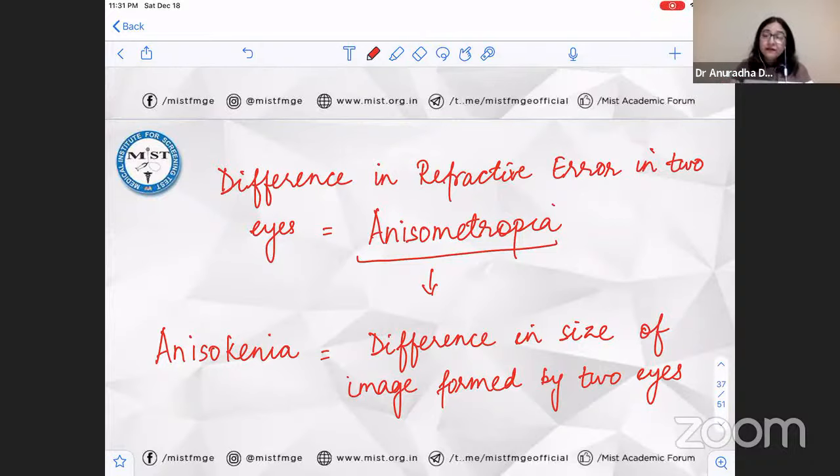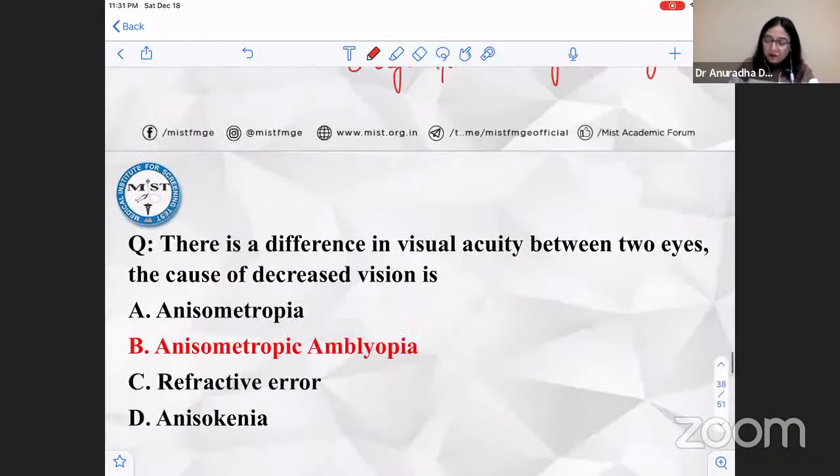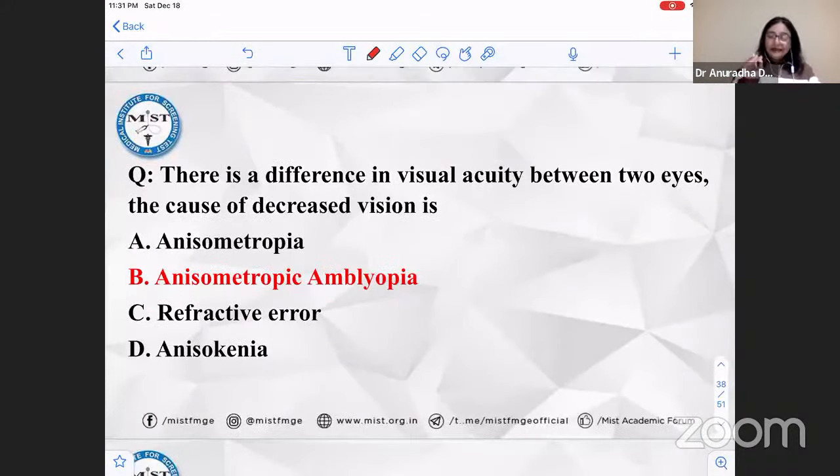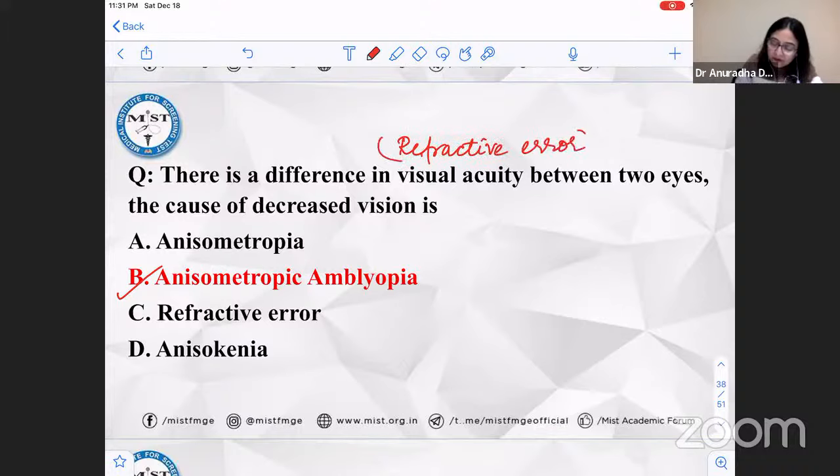That is known as anisokenia. So here the question is asking what is the cause of decreased vision? The cause of decreased vision is anisometropic amblyopia, which is lazy eye due to a difference in the refractive error of the two eyes. That is anisometropic amblyopia. Okay.